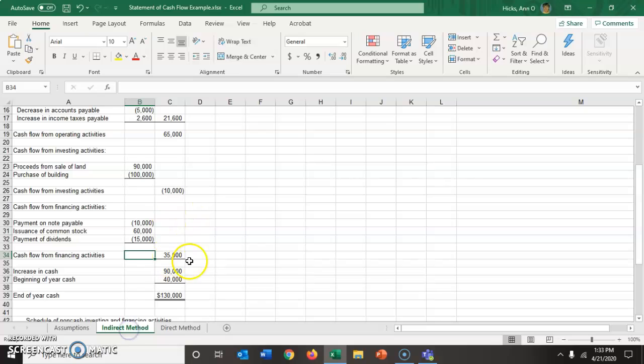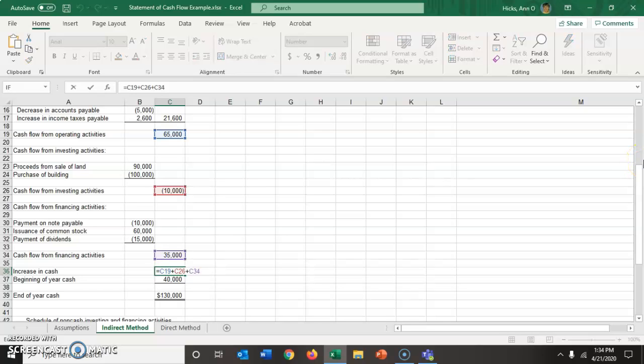And what that shows us is a payment of dividends in the amount of $15,000. So those are our financing activities. If we add those up or net the outflows against the inflows, we get cash flow from financing activities of $35,000.